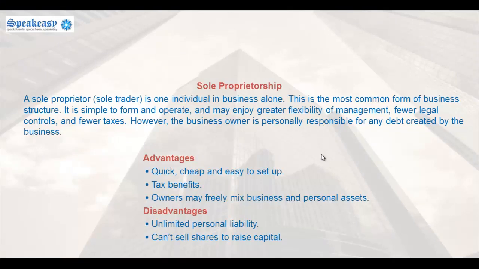A sole proprietor is one individual in business alone. This is the most common form of business structure. It is simple to form and operate, and may enjoy greater flexibility of management, fewer legal controls, and fewer taxes. However, the business owner is personally responsible for any debt created by the business.